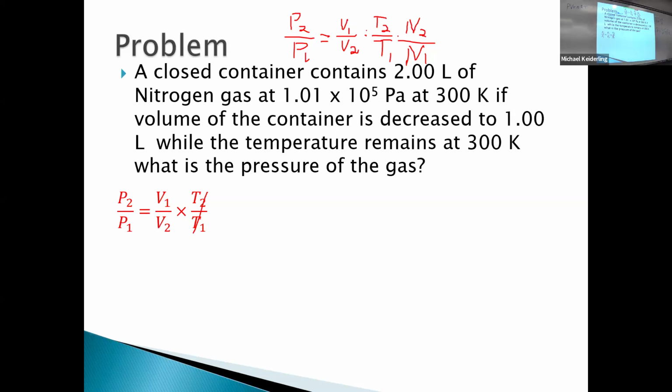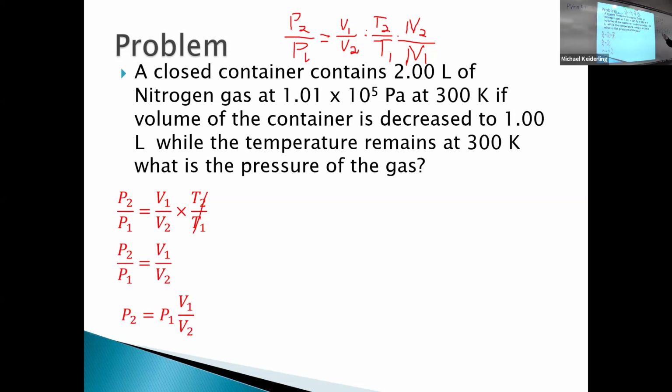Well, we start with P2 over P1 equals V1 over V2 times T2 over T1, and N is constant, so we can drop that term. But the temperature doesn't change here. It starts at 300 K, ends at 300 K. So we can drop the temperature term. So P2 over P1 equals V1 over V2.